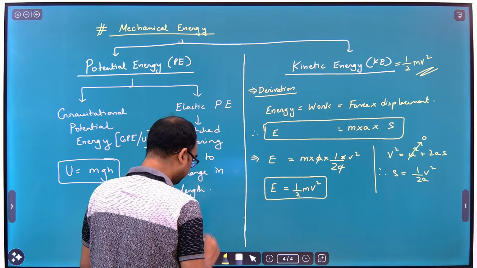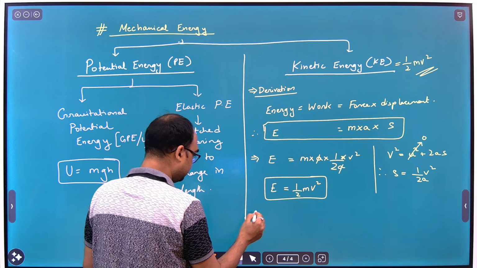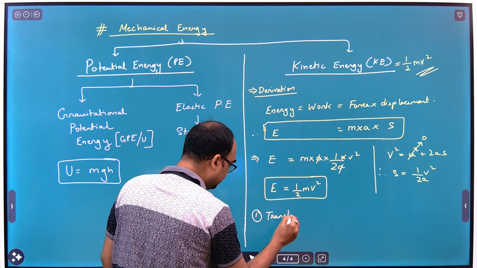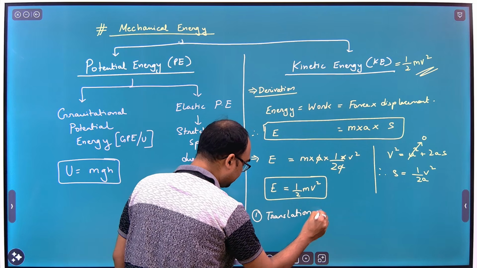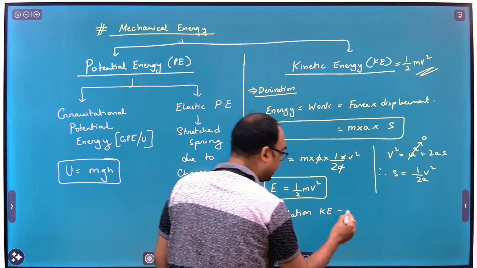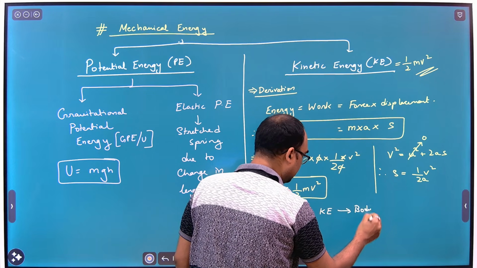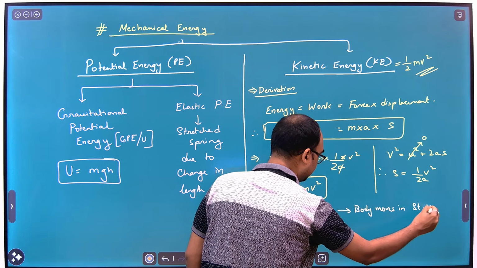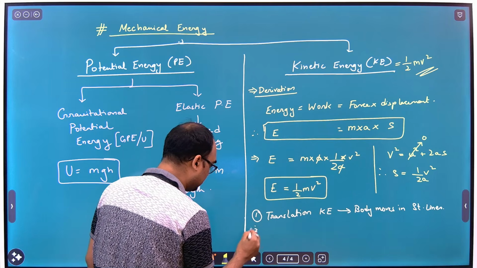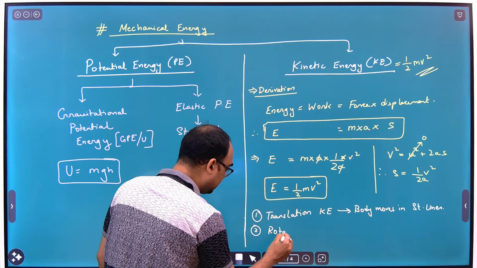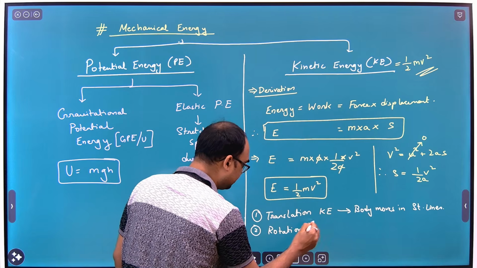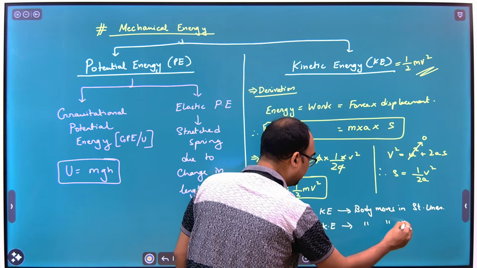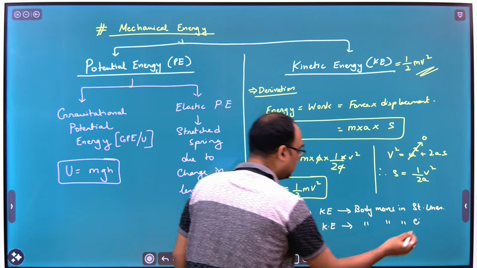Number 1, translational kinetic energy, when a body moves in a straight line. Rotational kinetic energy, when a body moves in rotational motion.